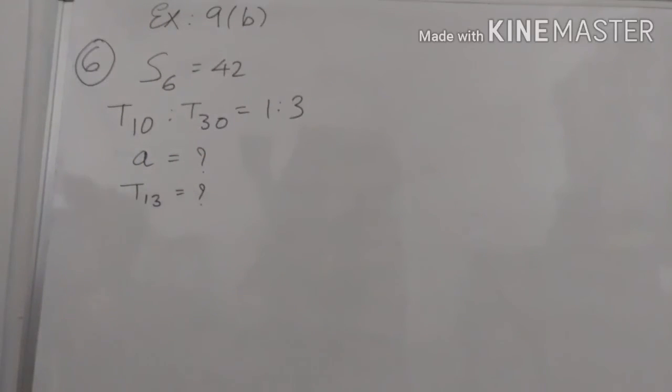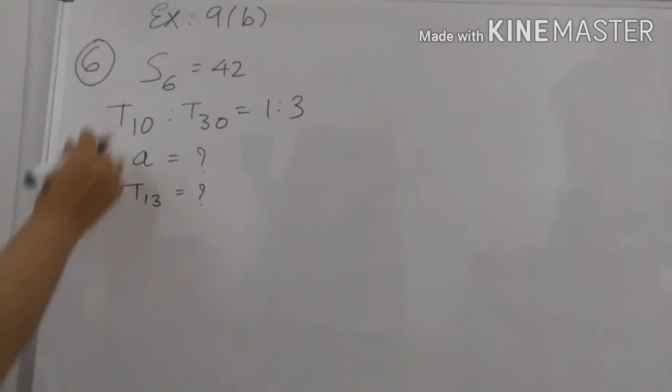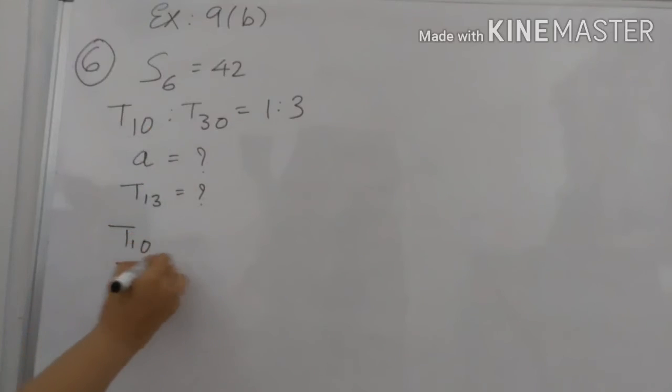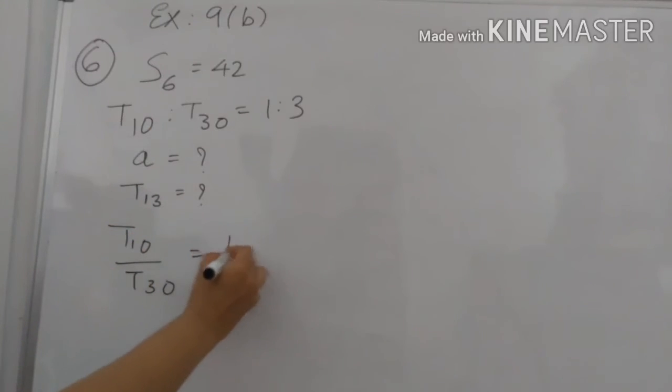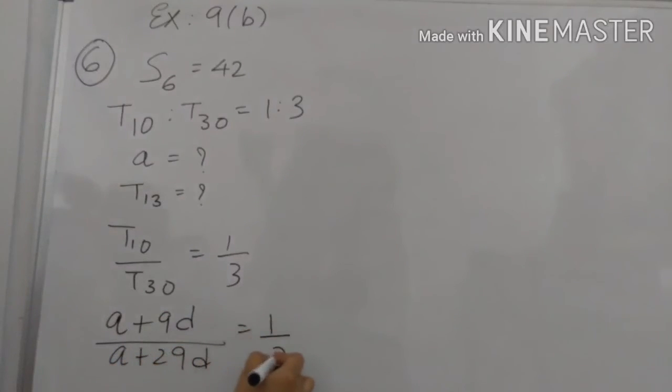Now first of all we will take S6 value and then we will use, first of all I use this T10 ratio T30. So T10 ratio T30 is equal to 1/3. This is already given to you. Now formula of T10 A plus 9D and formula of T30 A plus 29D is equal to 1/3. Now taking cross multiplication, here we will get our equation 1.